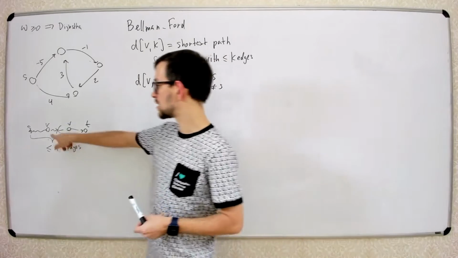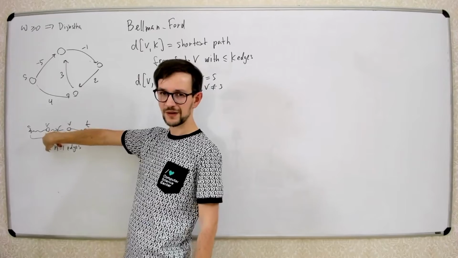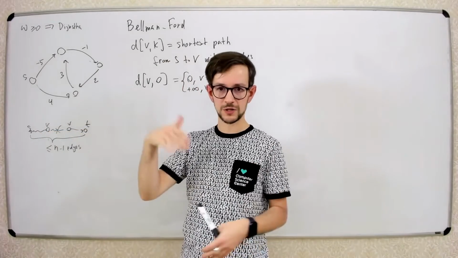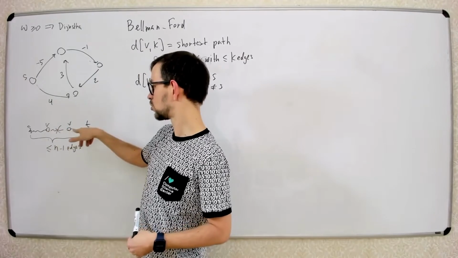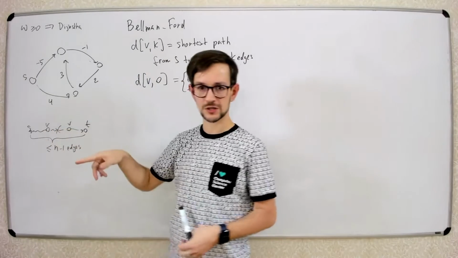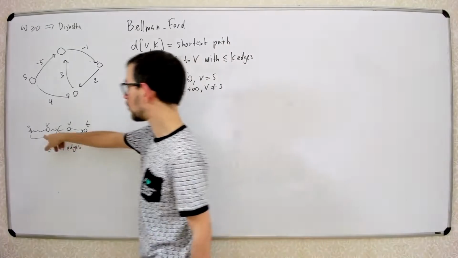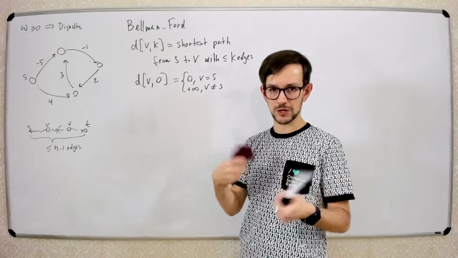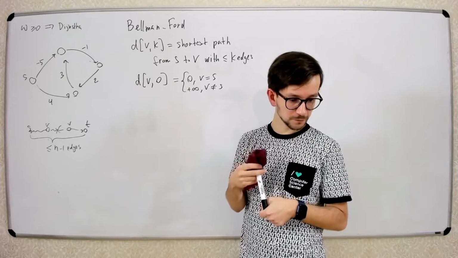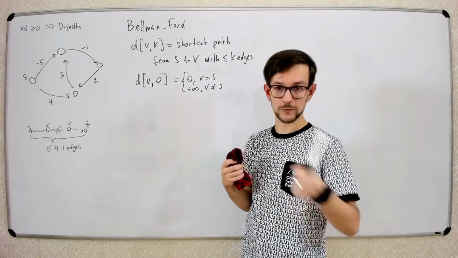So if you contain some vertex twice, you can remove this part from your path, and the total length of your path will be decreased. So your shortest path shouldn't contain the same vertex twice. And since all the middle vertices here are different, the total number of edges will be at most n-1. Yeah, right.